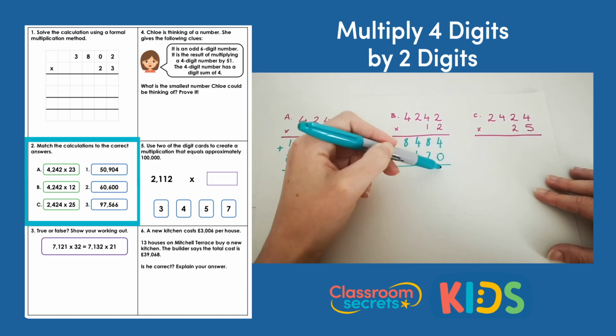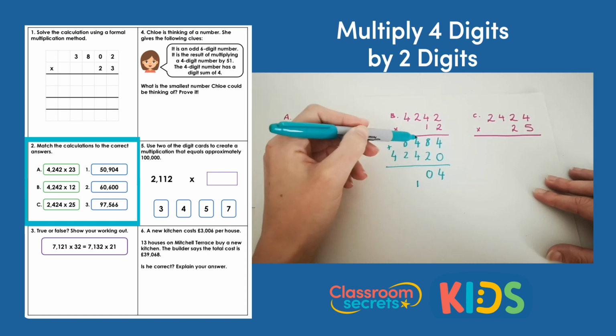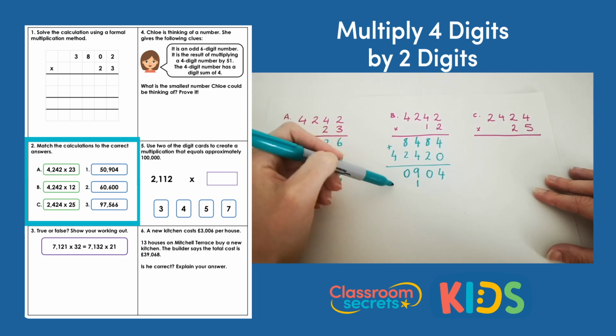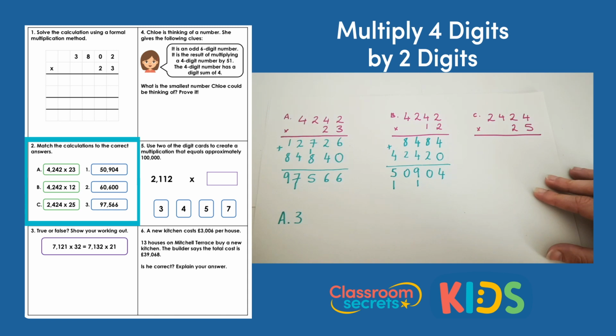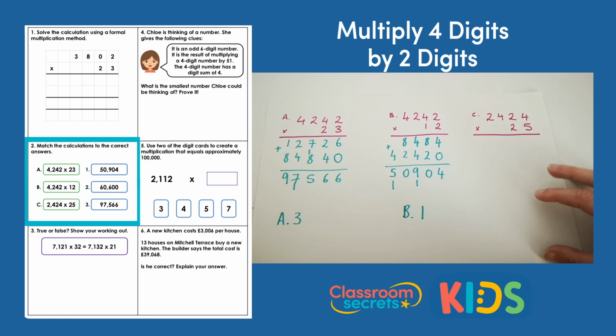So we add them together. 4, 8 add 2 is 10, 4 add 4 add 1 is 9, 8 add 2 is 10, 4 add 1 is 5. So the answer is 50,904, and that is one of our options. It's option 1. So we can say calculation B matches to option 1.